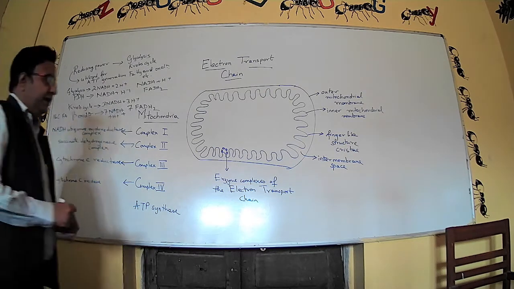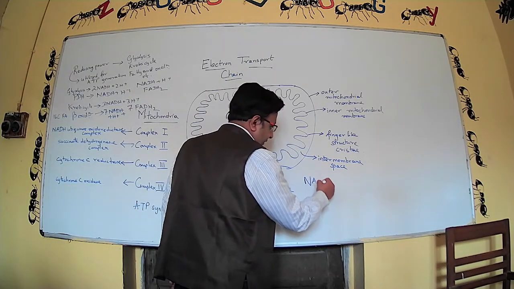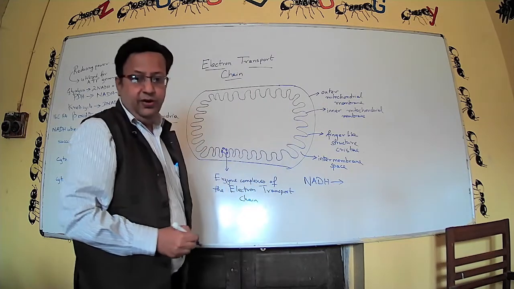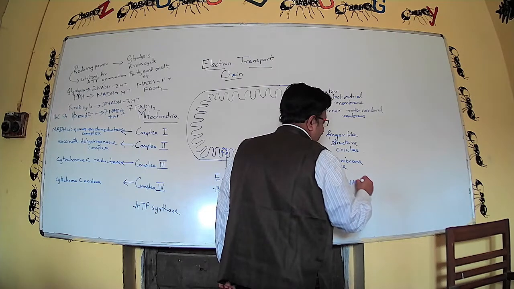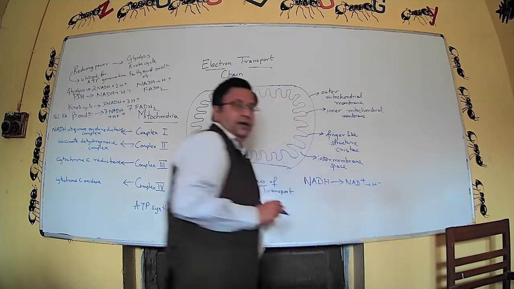One more thing: when this NADH breaks up, it forms NAD plus and H minus. This H minus is the hydride ion.